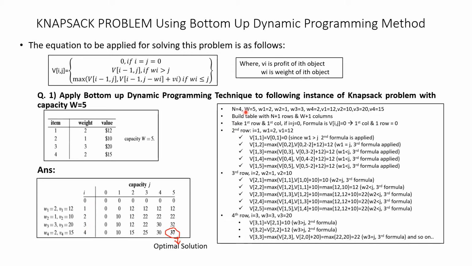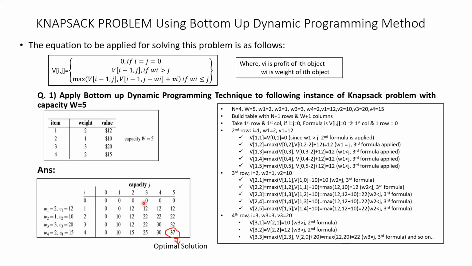Next, what is the capacity? 5. So 0 to 5 means 6 columns you have to prepare. So you have to prepare a table with n plus 1 rows and W plus 1 columns. Since n is equal to 4, create 5 rows. Since W is equal to 5, create 6 columns. So there are 5 rows and 6 columns. This is the first thing you have to do.